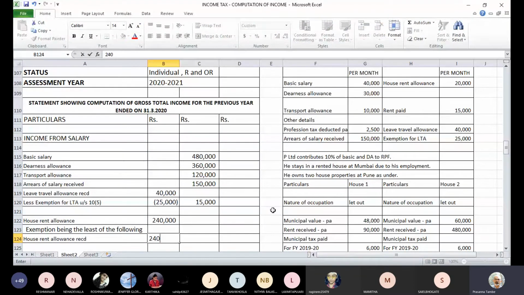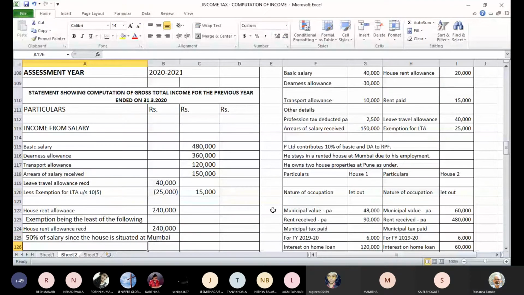Second factor is 50% of salary, since the house is situated at Mumbai.